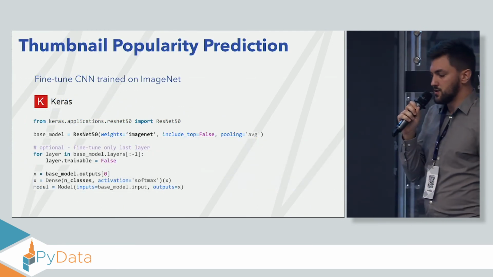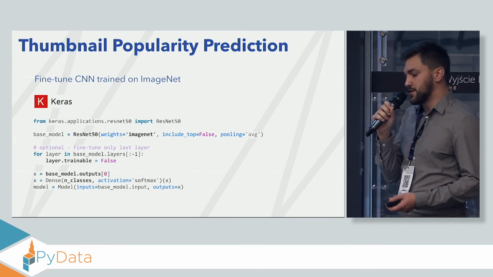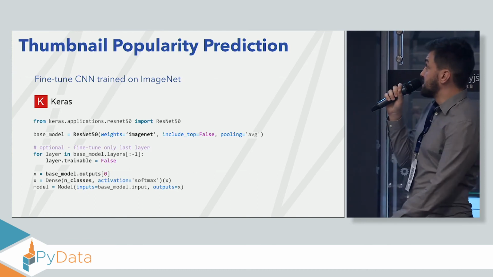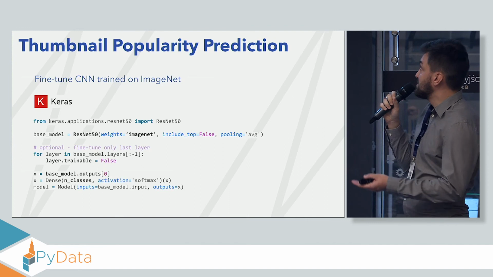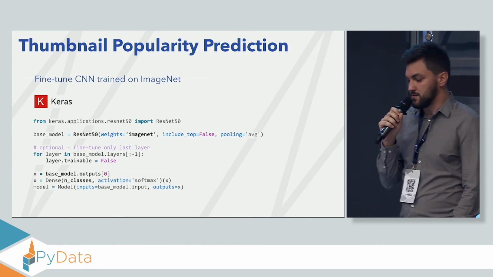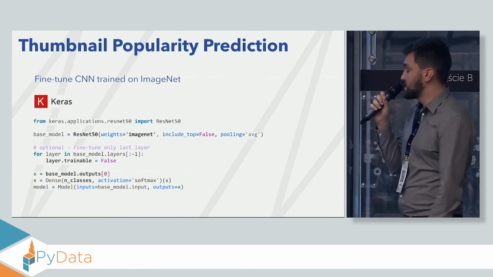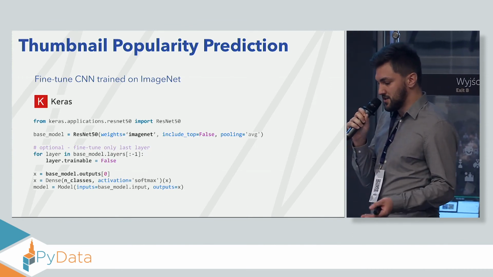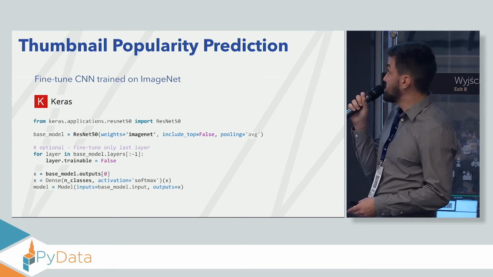And to train a model like that, we fine-tuned, again, a convolutional neural network that was trained on ImageNet. We used the ResNet 50 network that is easily applicable from Keras. And this is just a couple of lines of code showing how easily we can do it. We initiate the ResNet object with weights from ImageNet.